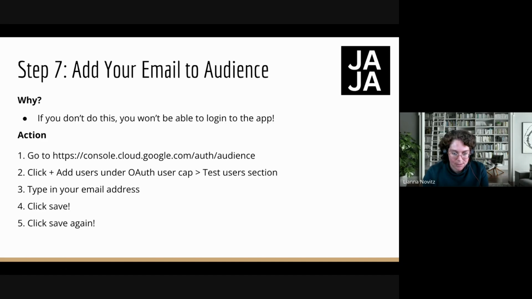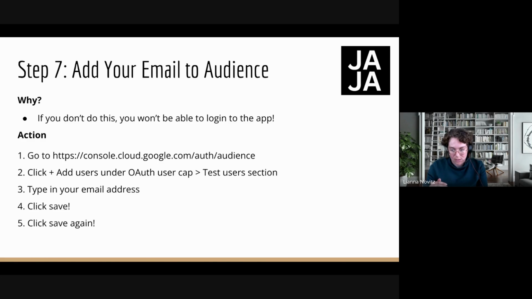So next up is to go to the audience section. I'll put that in the chat right now. Once you get to the audience section, you're going to find the section where it says OAuth user cap, and it'll say test user section, and then it'll have an area to enter your email address.